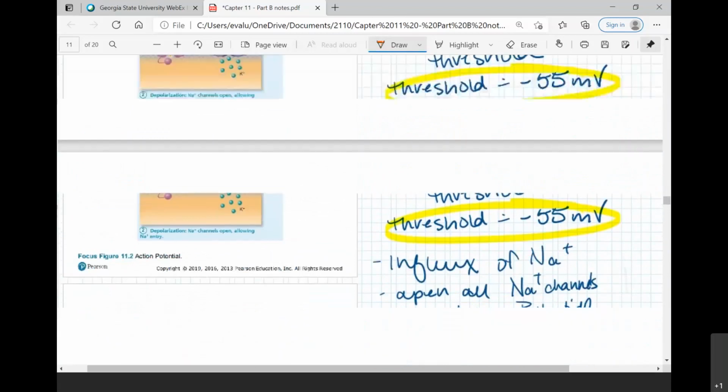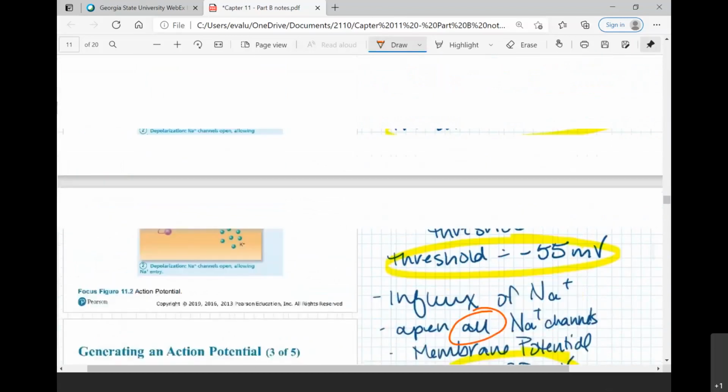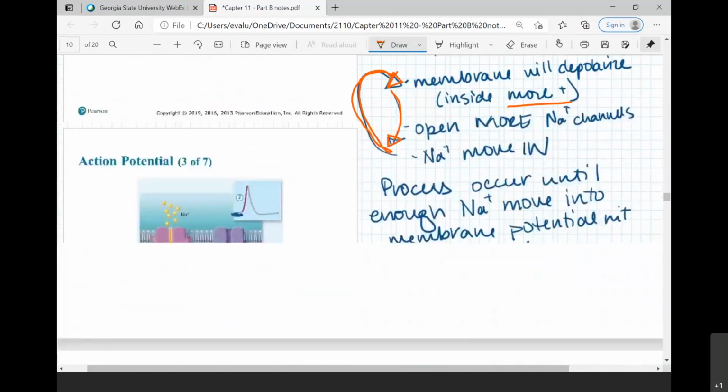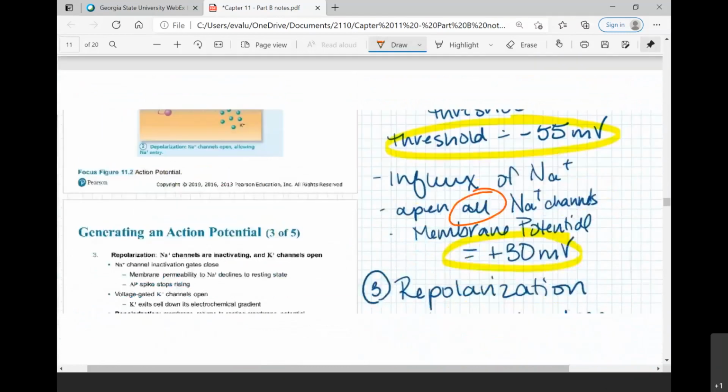If I am hitting negative 55, I'm going to open everything. And when I open up all of those sodium channels, the inside of the cell is getting so many positive ions coming in that the inside cell is no longer negative 55. That plasma membrane potential is no longer a negative number. It now becomes positive 30.